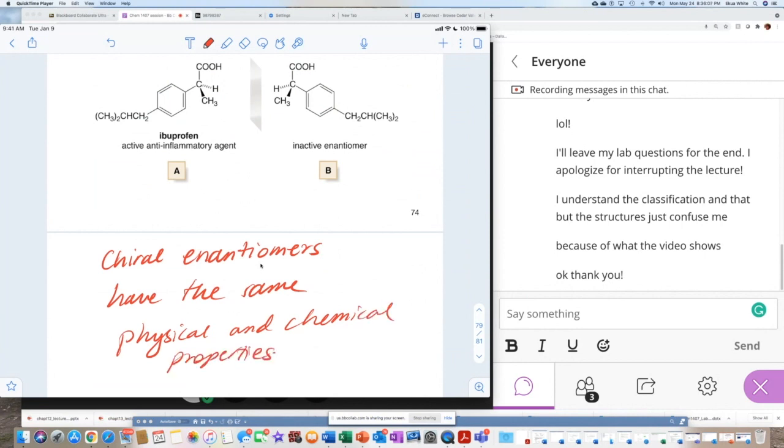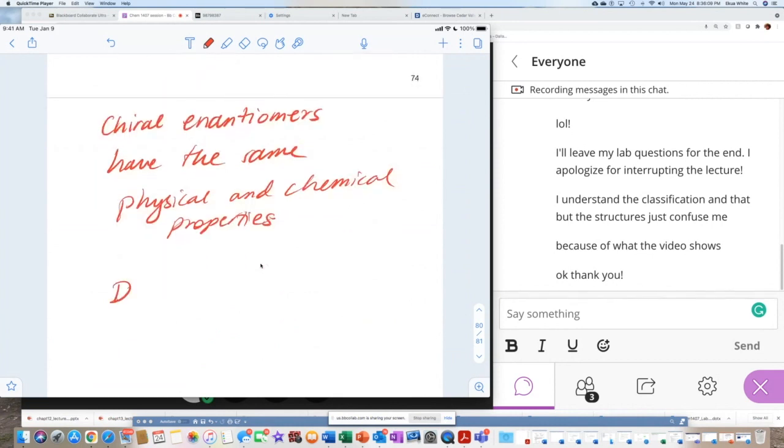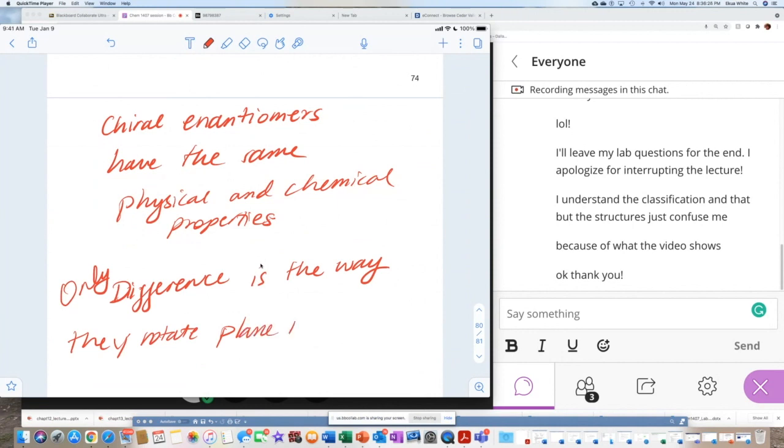The only thing about them that's different, the only difference, so I'll say here, the only difference is the way they rotate plane polarized light. All right, you're probably saying, what at this point?